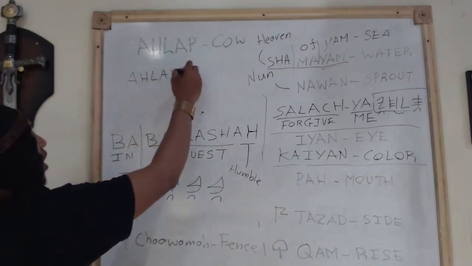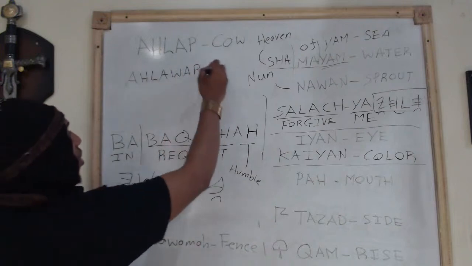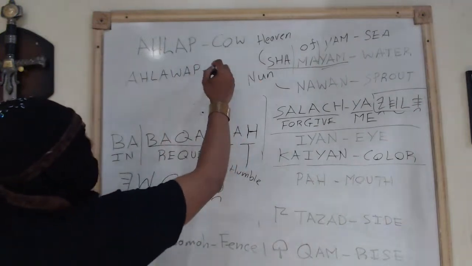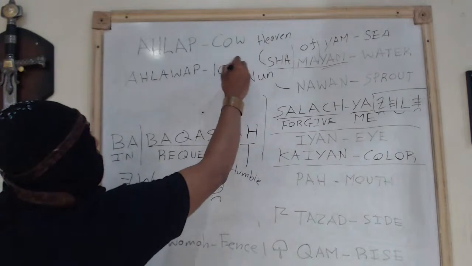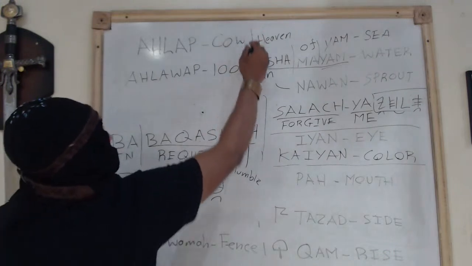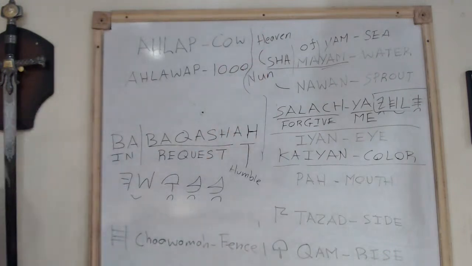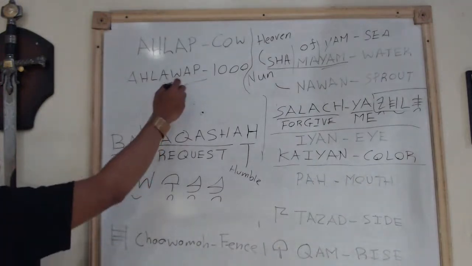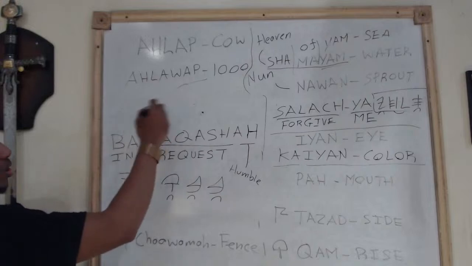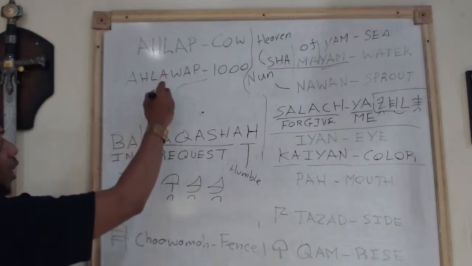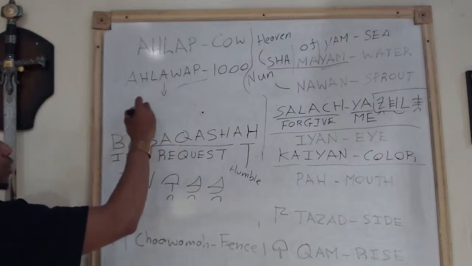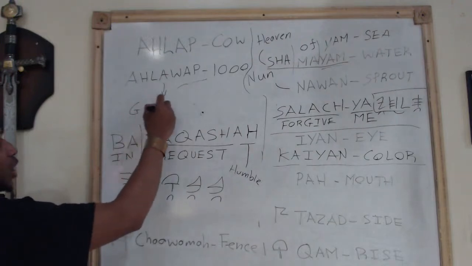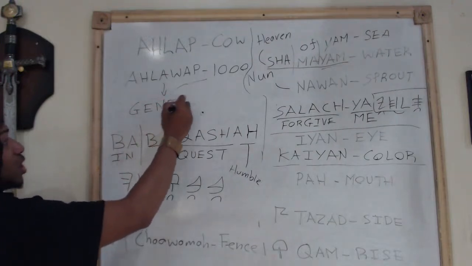Wa is how you say thousand, right? 1,000. Okay, 1,000. And of course, a general is over thousands. Alawak became the word for a general because a general will be over thousands of men.